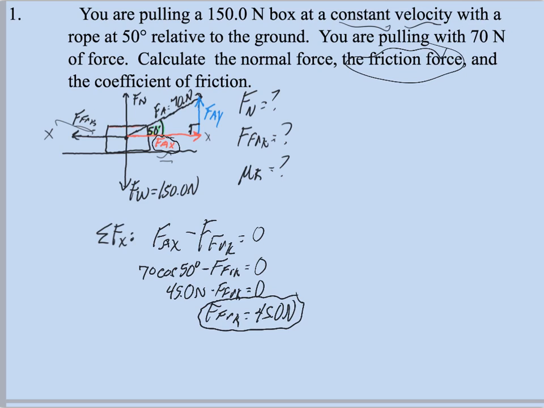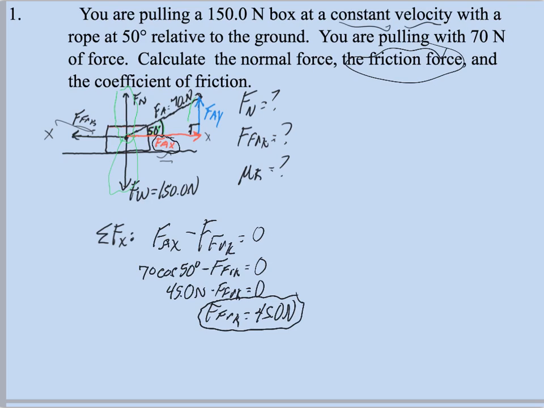All right. Well, let's sum the forces along the y-axis. And let's think about, what do we have along the y-axis? We have the normal force vector. We have the weight vector. Are those the only two vectors that go along the y-axis?